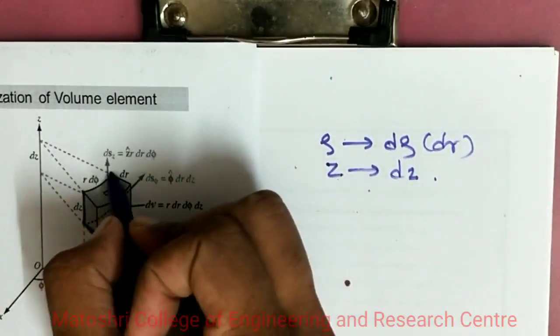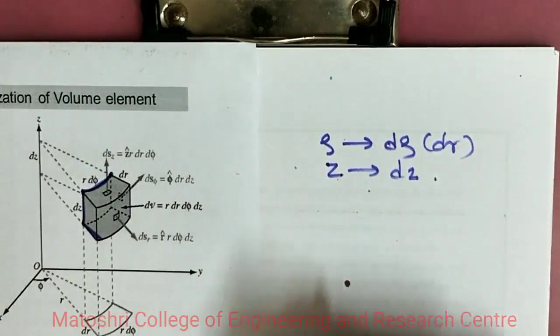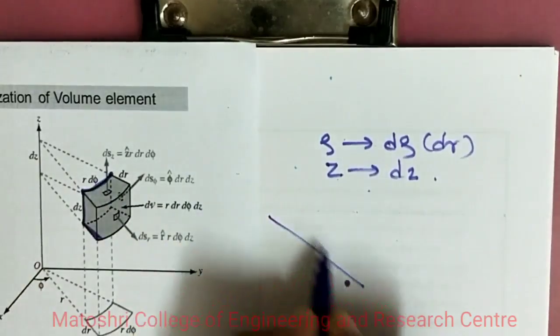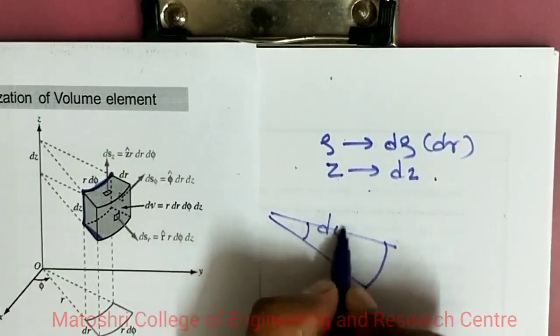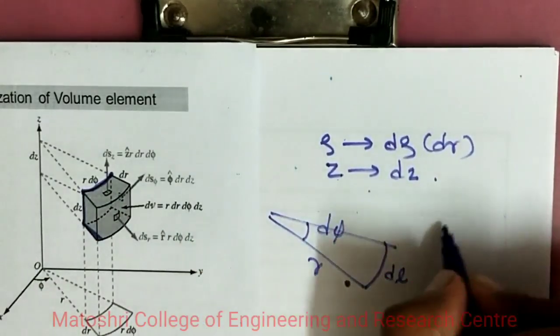Now this particular curved surface is obtained by varying the angle phi. But the angle phi does not directly give you a length. When you vary the angle phi, in terms of arc upon radius, the angle is arc upon radius. This is the angle phi variation. This length we need to find out. This is the radius r.